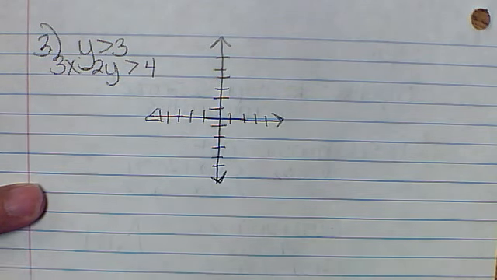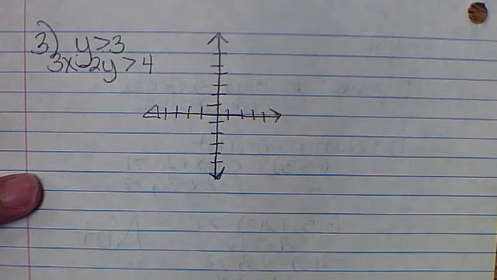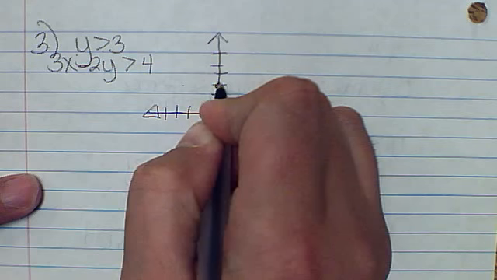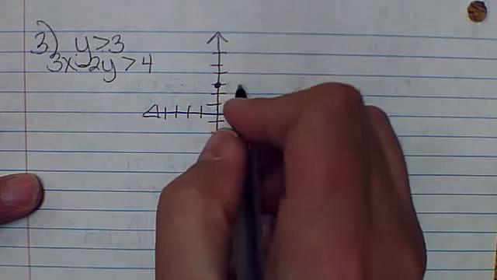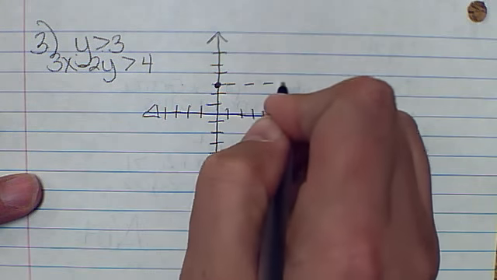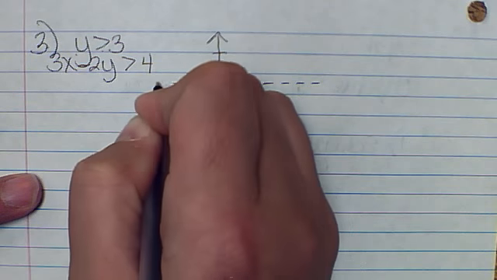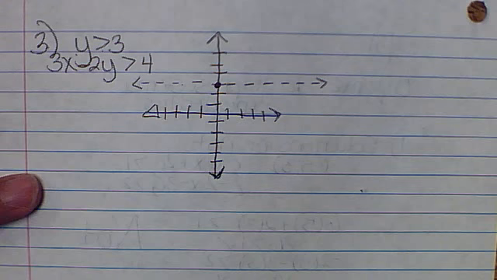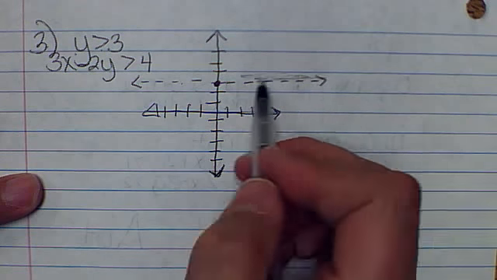For y > 3, anytime it's just y and a number, it's a horizontal line. So I go to where y is 3, and I put a dot, and I draw a horizontal line. My horizontal line is going to be dotted because it's not or equal to. And then we want to shade the greater than, so that's above. So I shade all up here.